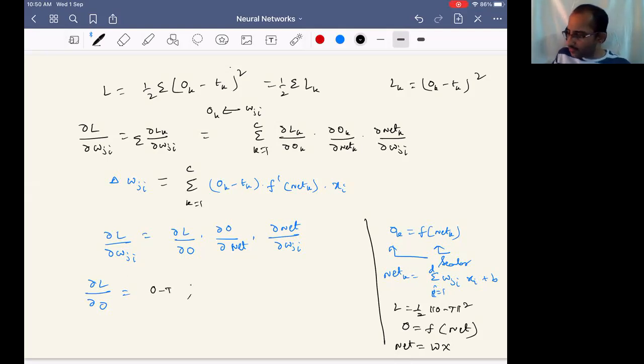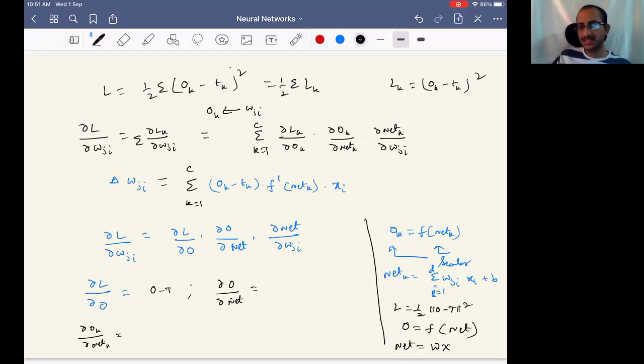And then what is dou O by dou net? Here I am defining the differentiation of dou Ok by dou net k only. Even though both are vectors, I am trying to differentiate only the corresponding elements of the vector.